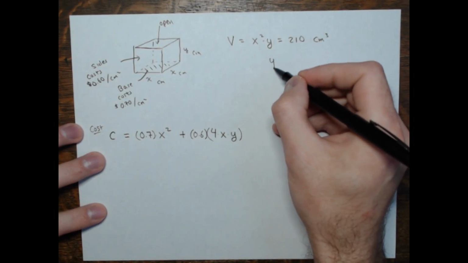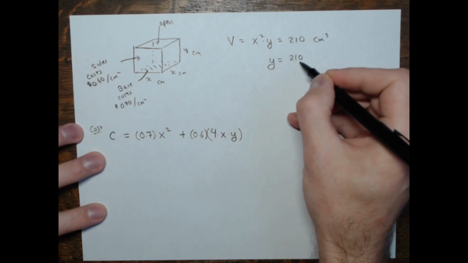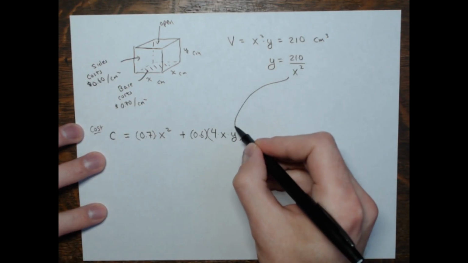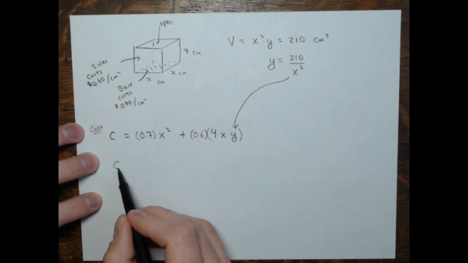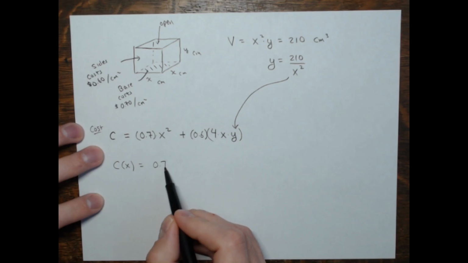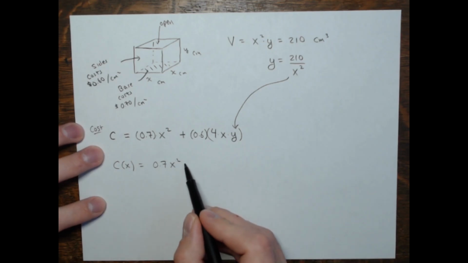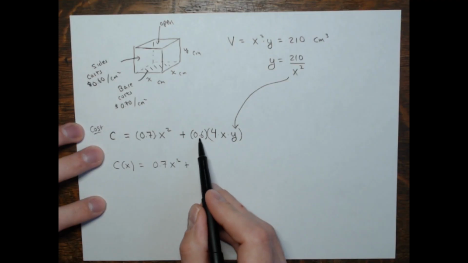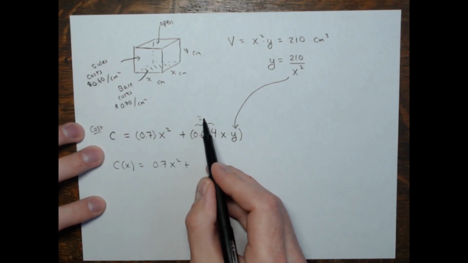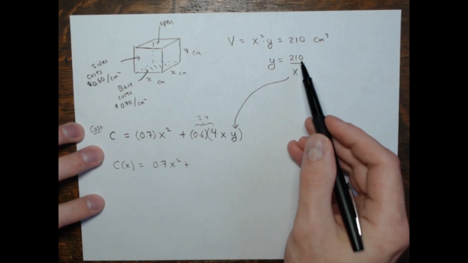Now, y should be 210 divided by x squared, right, from the volume information. And I'm going to put that here. So our cost in terms of x is 0.7 times x squared plus, and then 4 times 0.6 would be 2.4, but then times 210.